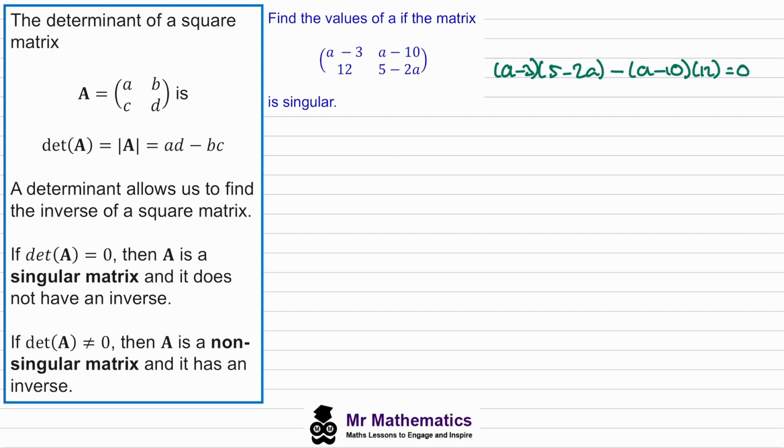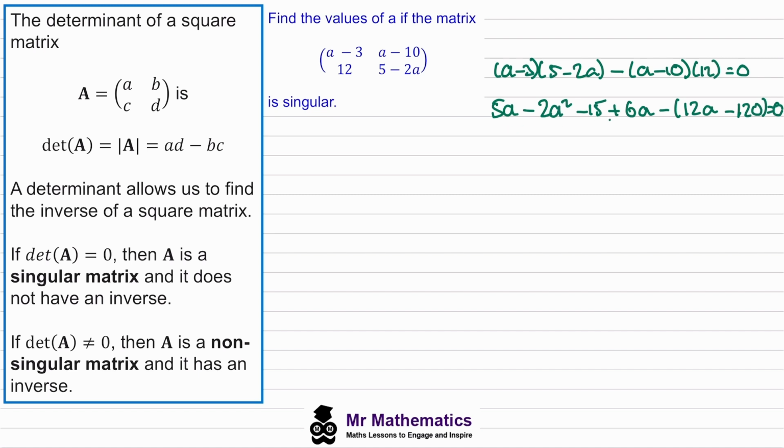So now we can set up a quadratic equation. We'll expand out these brackets. So 5a minus the 2a squared minus the 15 plus the 6a minus the 12a minus 120.